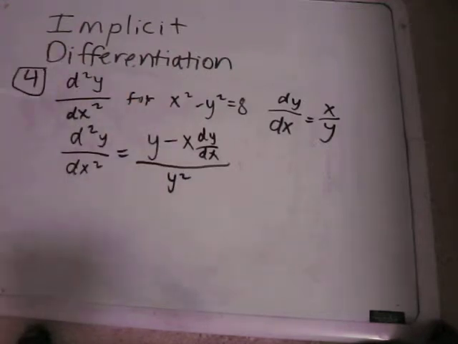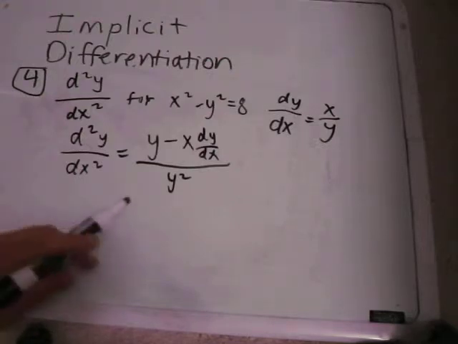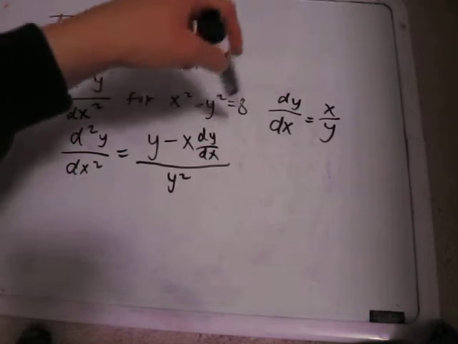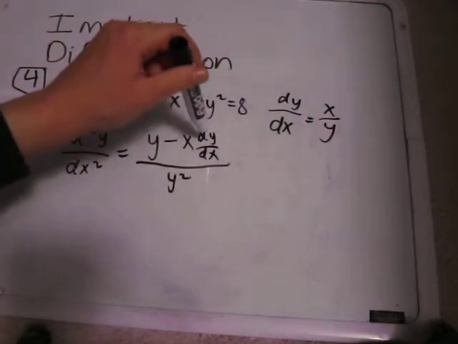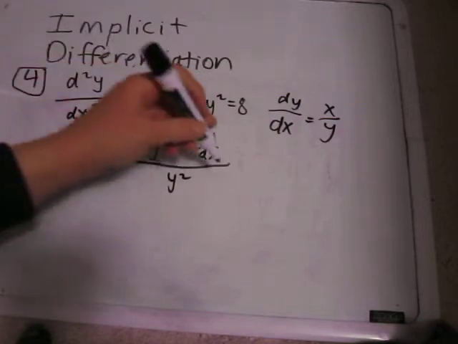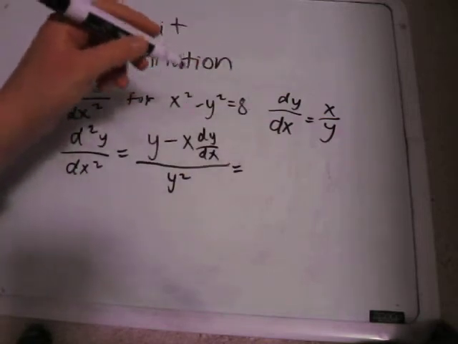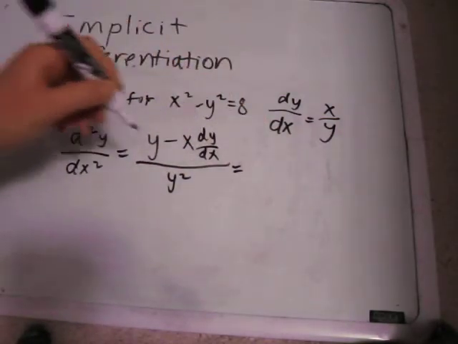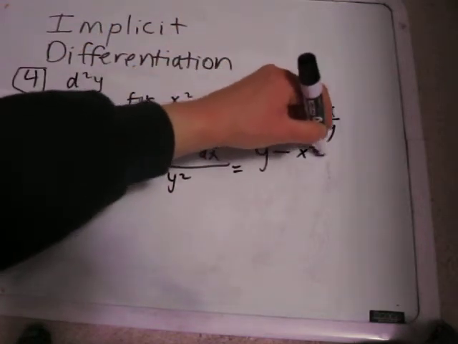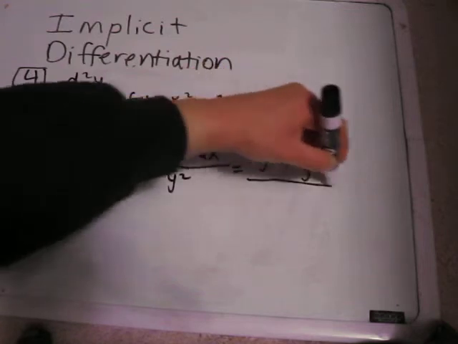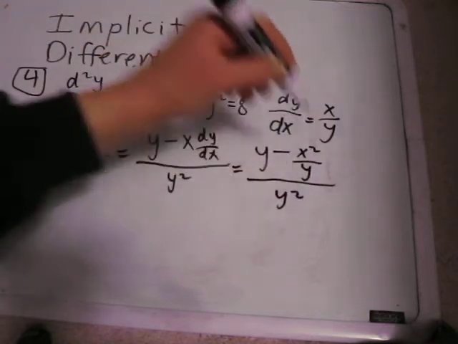So now we're going to have, basically what you do is you just plug in the x over y for the dy/dx, and then you'll have everything in terms of just x and y. So we're going to have y minus x squared over y, all over y squared.